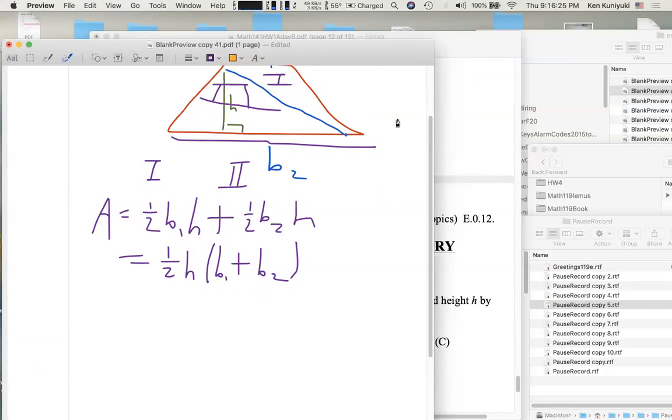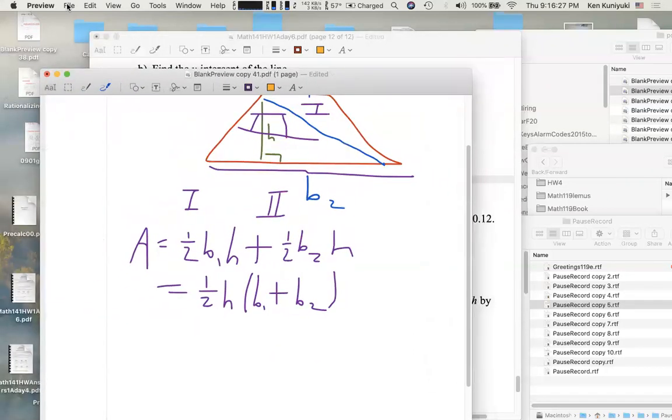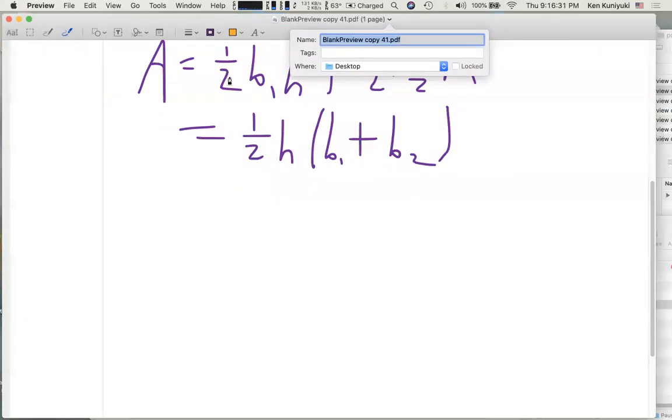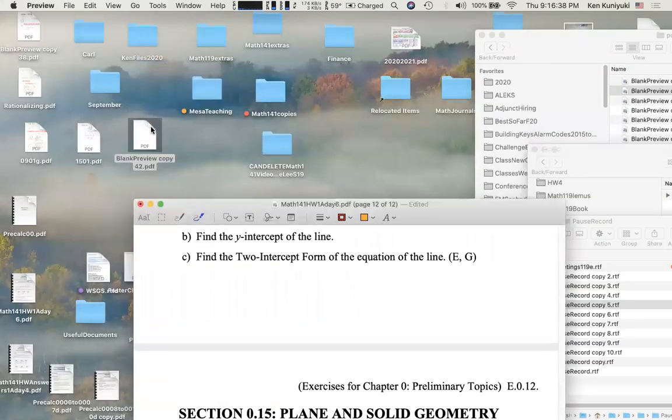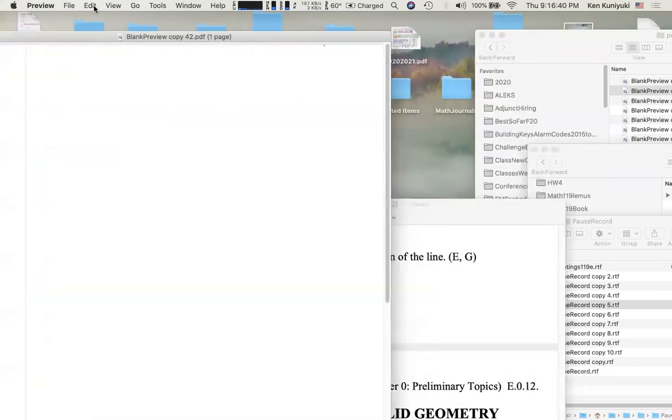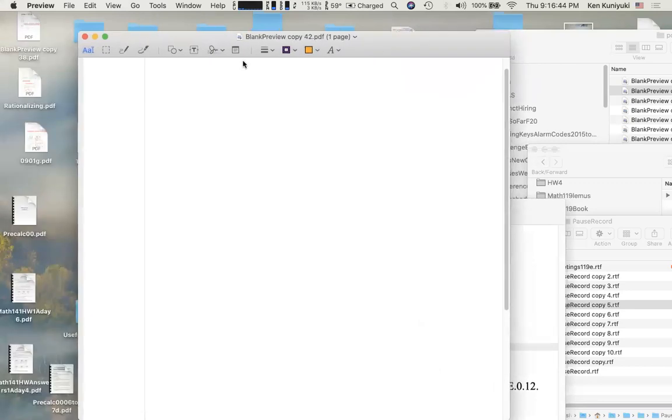0.91b. Right. Well, I'll save this one. Okay. 0.91b.